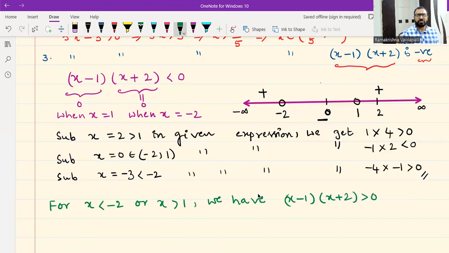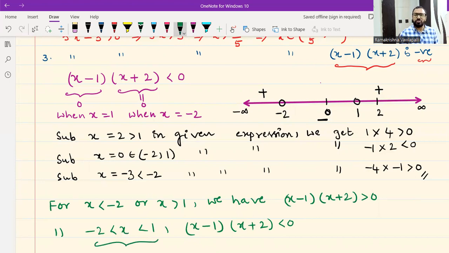Similarly, if x lies between minus 2 and 1, that expression x minus 1 into x plus 2 is negative. This product is negative when you take a real number between minus 2 and 1. So we got the answer, right? Therefore, the given expression is negative if x lies between minus 2 and 1.